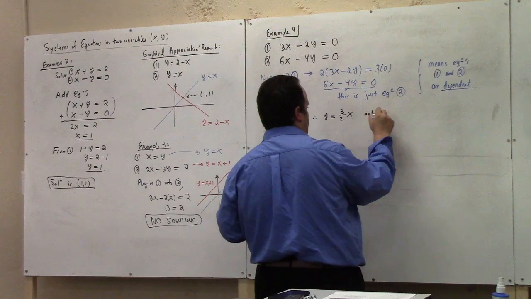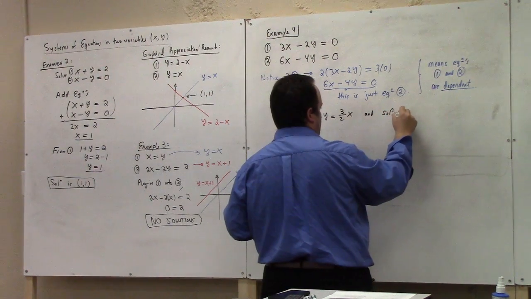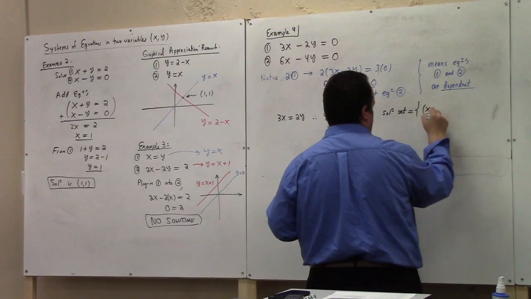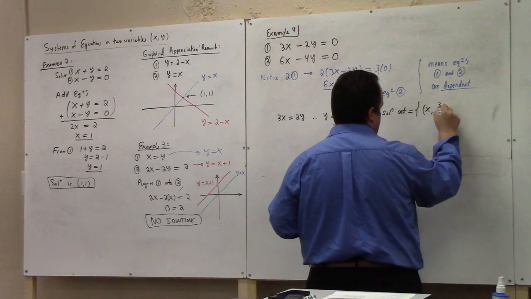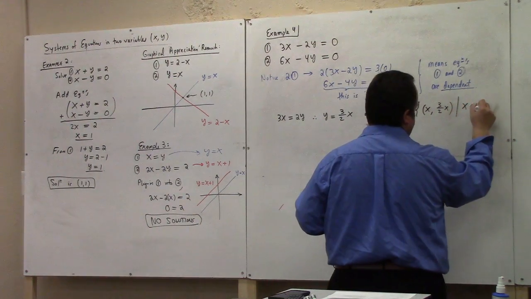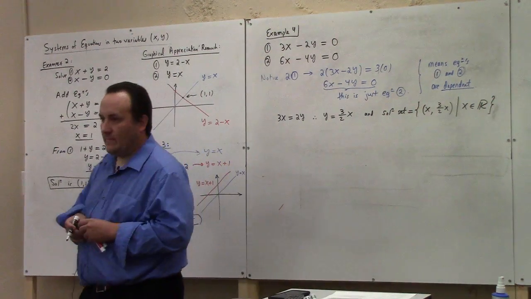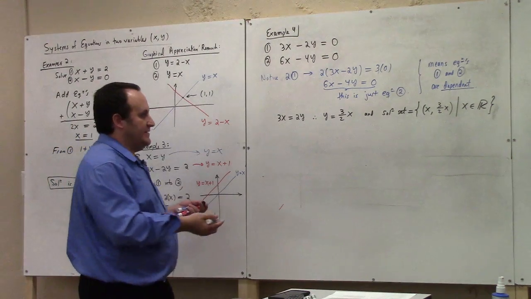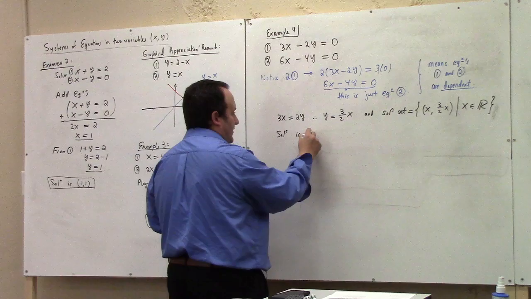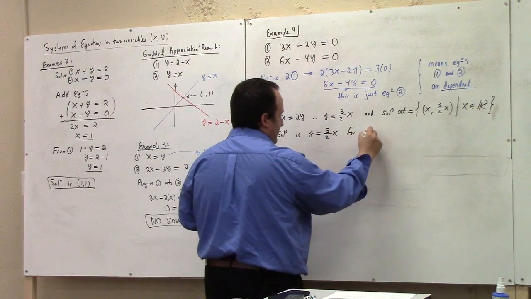And the solution set is (x, 3/2 x) such that x is a real number. Or you could write it as a sentence. You could say that the solution is y equals 3/2 x for any x.